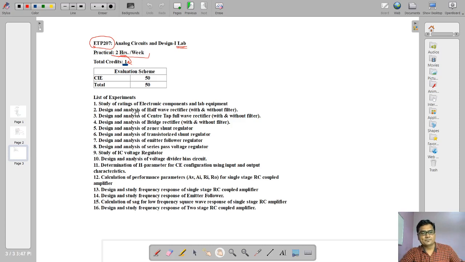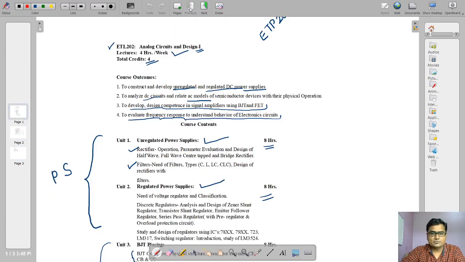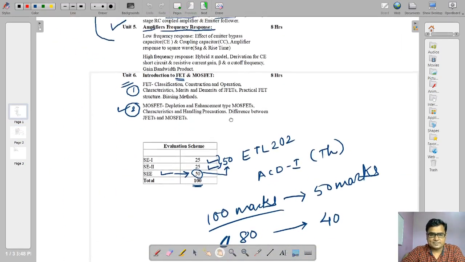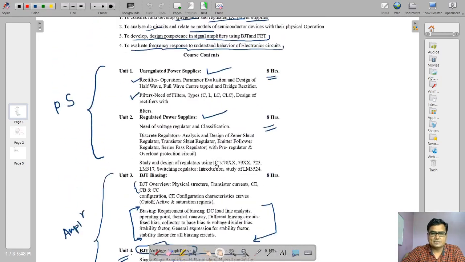Now, the evaluation scheme or examination scheme for this subject has CIE of 50 marks. Let me take a reference of the previous one, you will understand the examination scheme. CIE is not mentioned here.